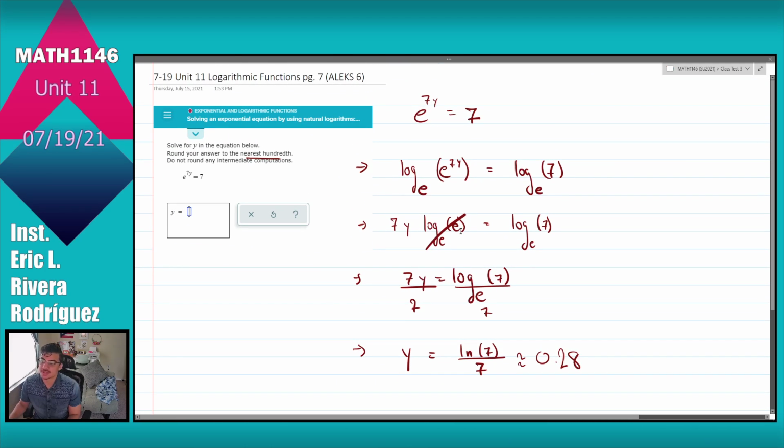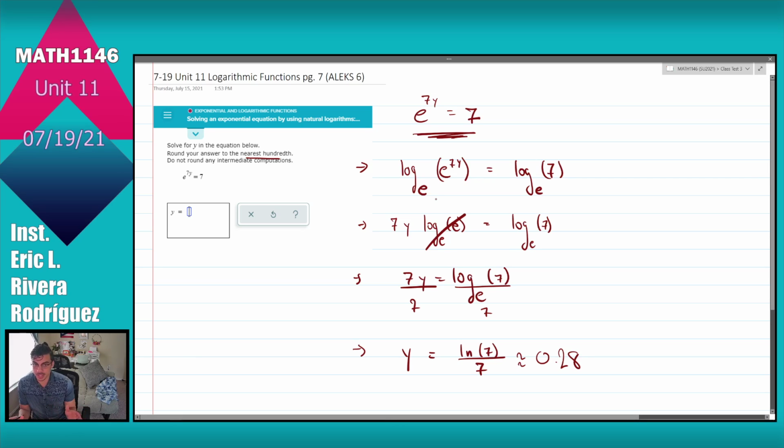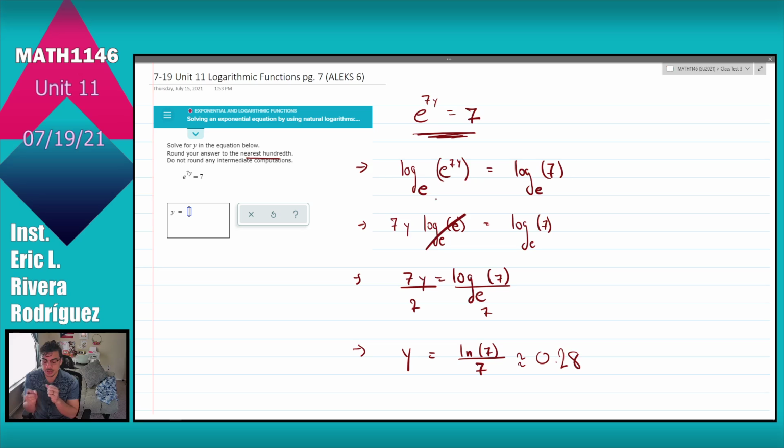Okay, this exercise is important, as we are going to continue working on this type of exercise on the next unit, because on the next unit we are going to be solving exponential equations where there is no common base, and hence we need to use the logarithmic functions in order to eliminate those exponential functions, and doing so we bring down the exponent, and the exponent here is going to contain the variable that we are going to solve for.